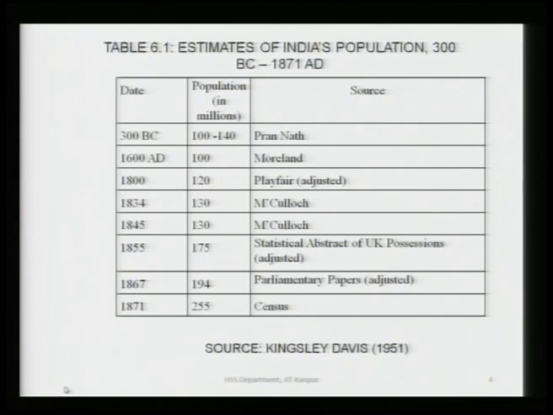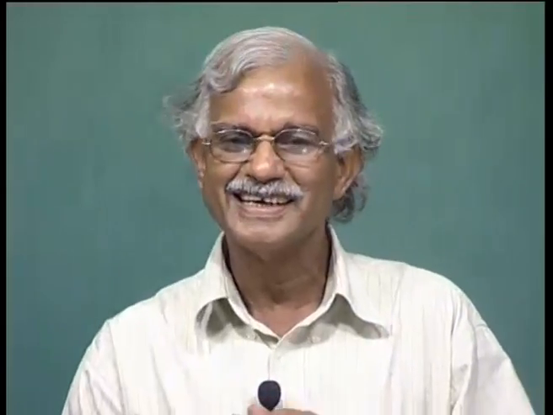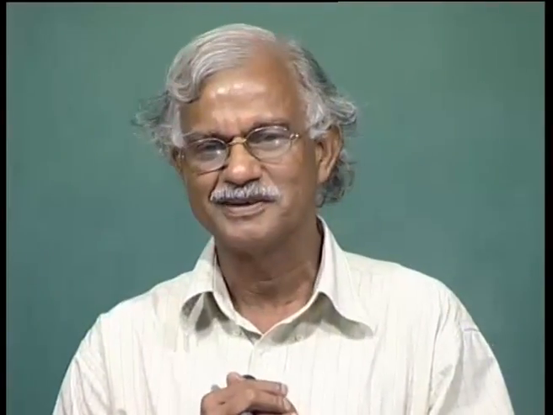So, if man appeared in this part of the world some 5 lakh years ago, then it took 5 lakh years for India's population to reach 255 million mark, and that was in 1871.